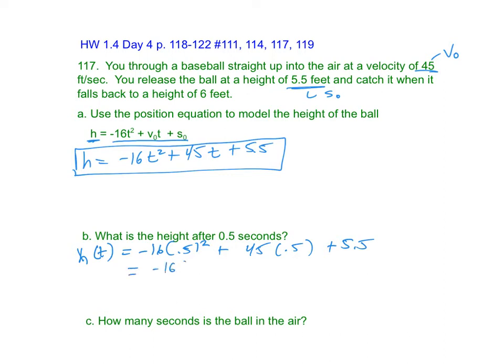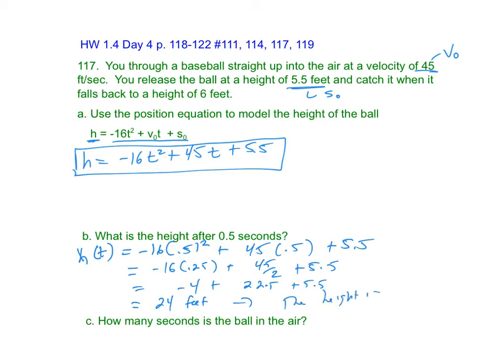It would be negative 16 times 0.25 plus 45 halves plus 5.5, which would give us negative 4 plus 22.5 plus 5.5. So I guess we don't really need a calculator for this. We can do this ourselves. This will turn out to be 24 feet. So the height is 24 feet after 0.5 seconds.